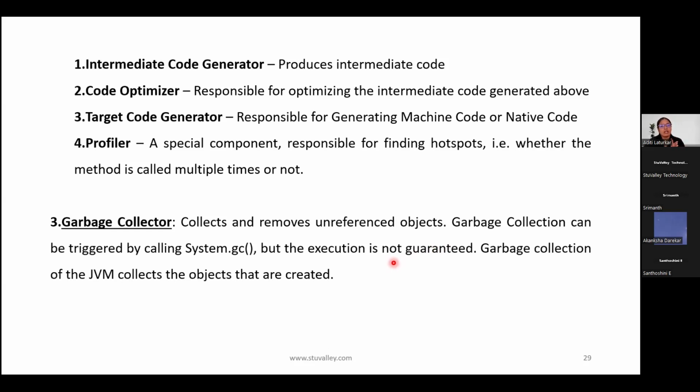You can say deallocating memory, done by the JVM automatically to maintain memory management. Memory management will be done by the JVM itself by allocating and deallocating memory. So deallocation is done as garbage collection. The term is garbage collection.